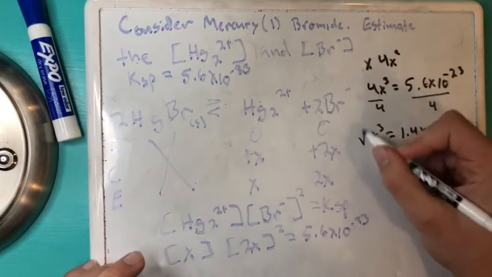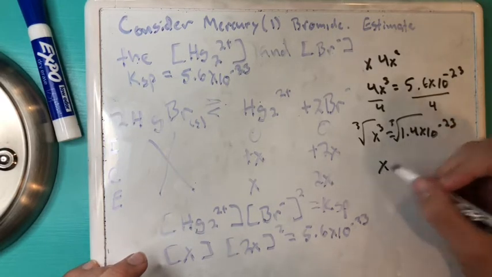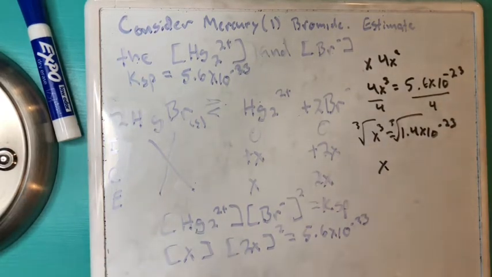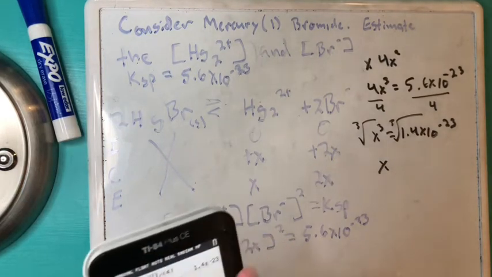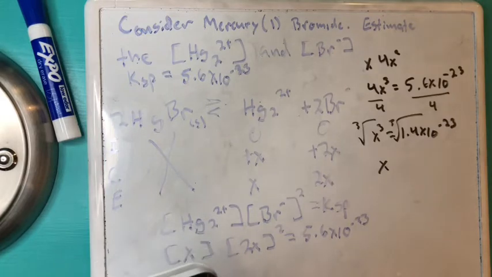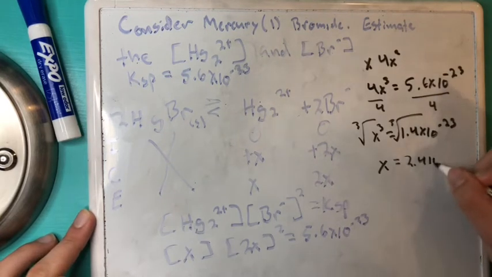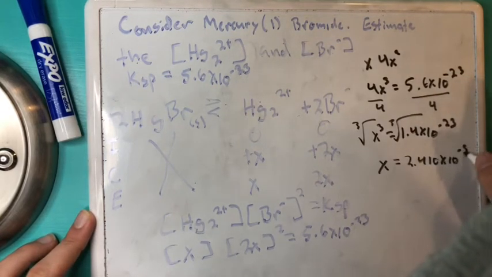And then we just take the cube root of each side, and that'll give us our x. So again, let me do this on my calculator quick. The cube root of 1.4 times 10 to the negative 23 is going to equal 2.410 times 10 to the negative 8th.